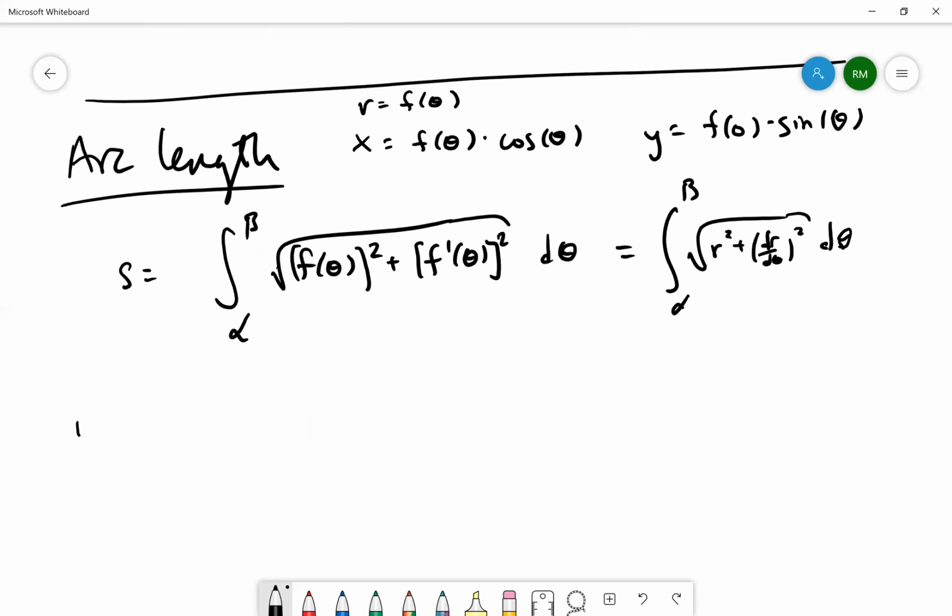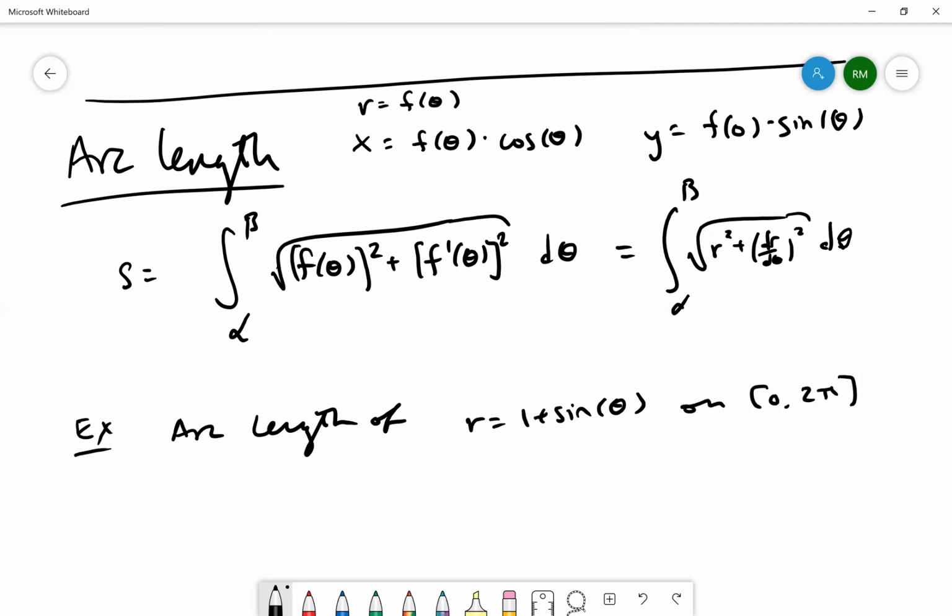So let's do an example of the arc length of the cardioid on the interval from 0 to 2 pi. Warning, this integral will be a little bit tricky. So dr/d theta is the cosine of theta.